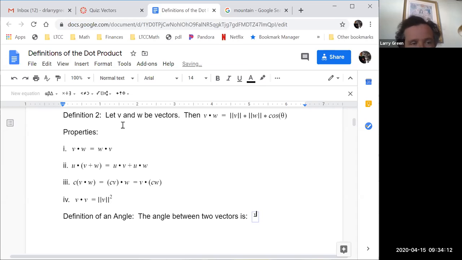It's going to be the cosine inverse of V dotted with W over the magnitude of V times the magnitude of W. Maybe I'll put some parentheses there to make it a little prettier.